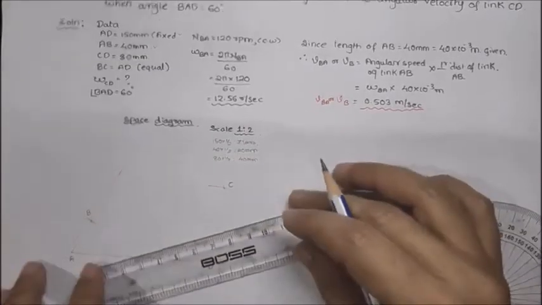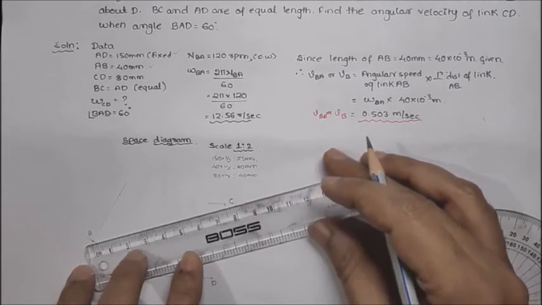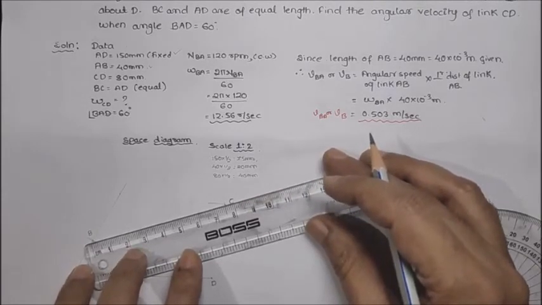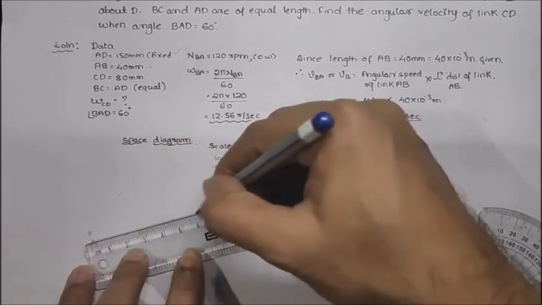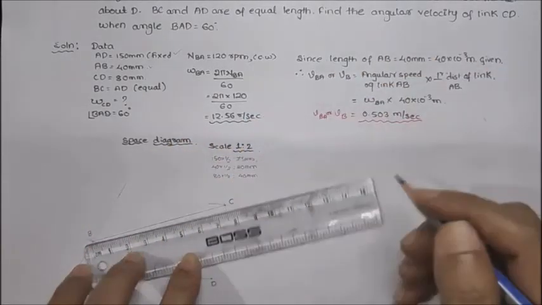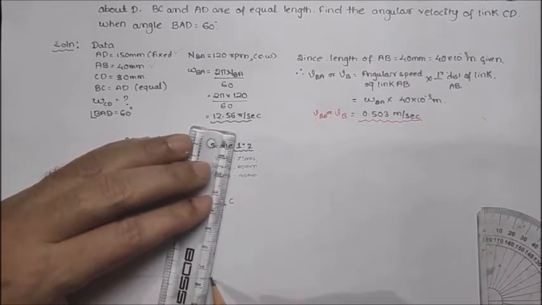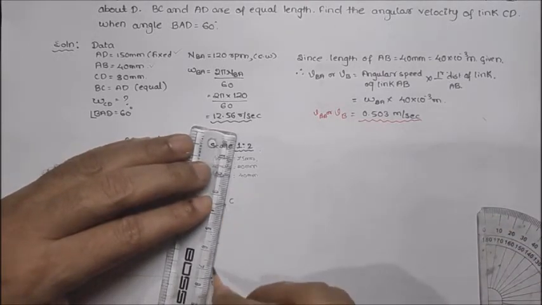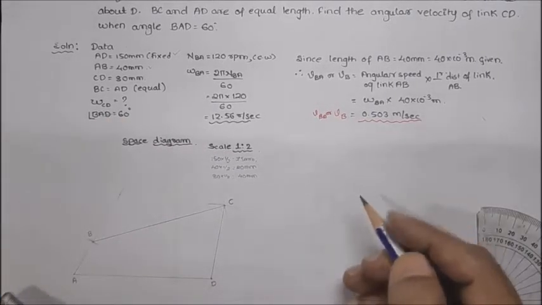Then join a line between the points B and C. Then join the line between the points C and D. Okay, this is your 4-bar mechanism.